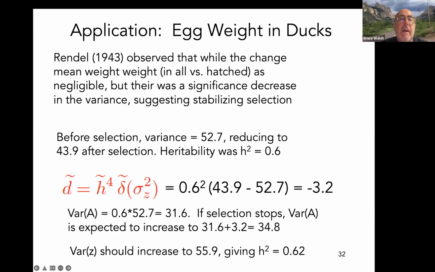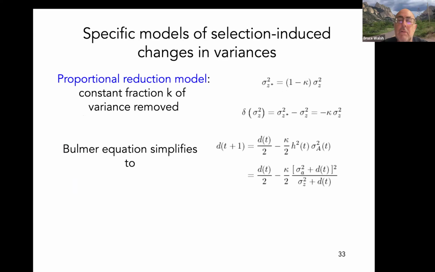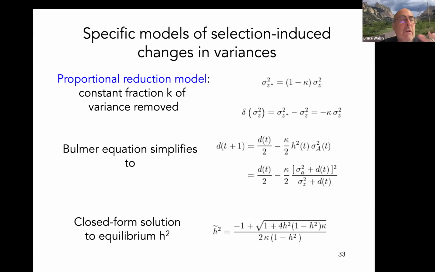And just kind of jumping ahead here, again, I'm doing this to show you to not worry about the details from the notes. If I have scenarios where the mean of the selected parents is some fraction of the overall mean, I've got very nice expressions that allow you to quantify that.